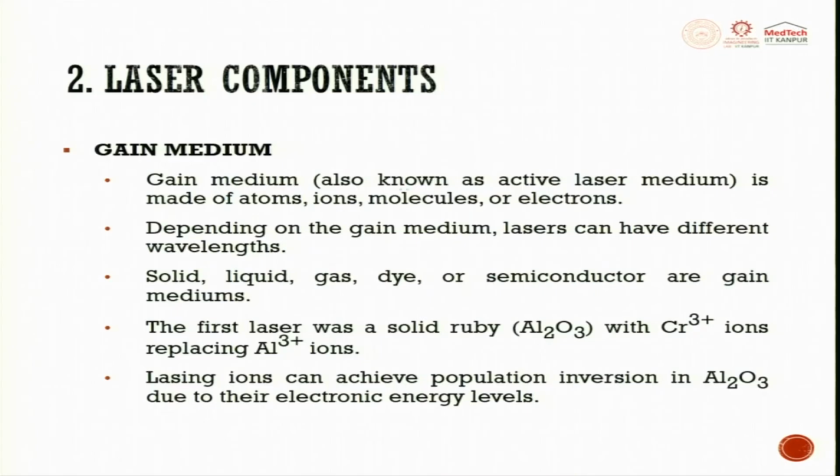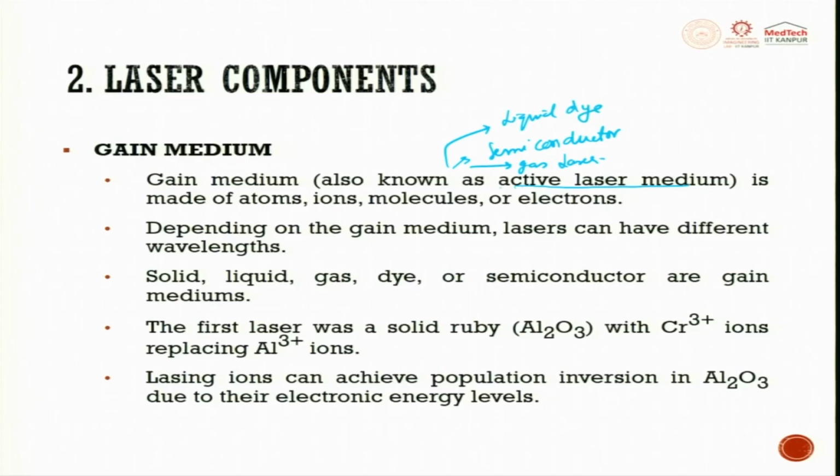Gain medium, also known as active laser medium, is made of atoms, ions, molecules or electrons. Depending on the gain medium, the laser can have different wavelengths. So, you can have a semiconductor laser, a gas laser, or a liquid dye laser.